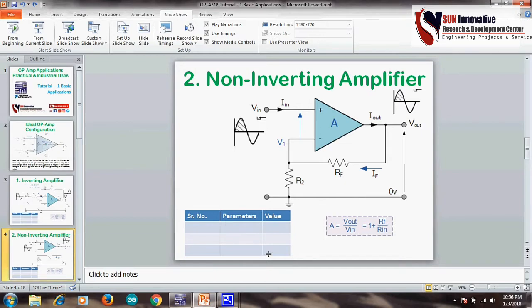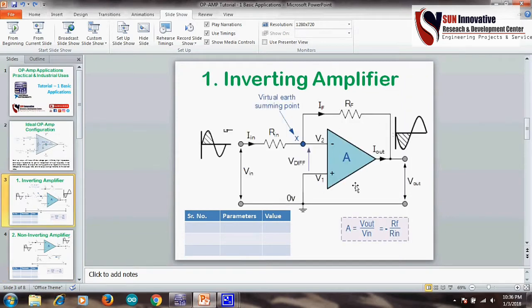Now after performing the inverting amplifier, we came to know the importance of the biasing voltage, because once you have selected the biasing voltage, if your input voltage is more than the biasing voltage, the output of the amplifier is going to saturate. So this is the advantage of the amplifier, or we can say it is also a kind of disadvantage, that your input voltage may suffer the saturation level of the amplifier.